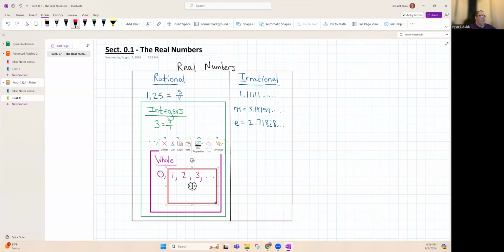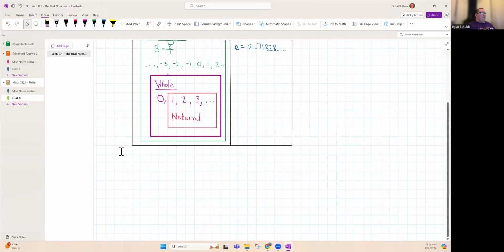Those are natural numbers. That's kind of how the real number system is broken down. Real numbers cover both rational and irrational. Within rational, you have your integers, then your whole numbers, and then your natural numbers.